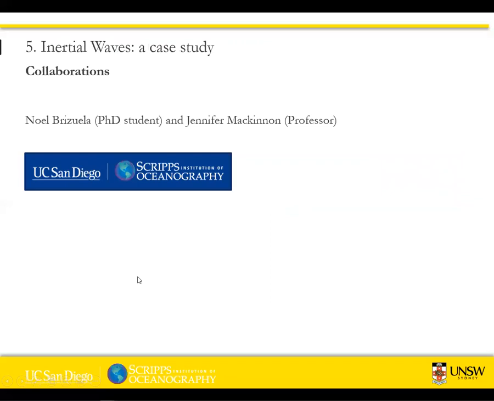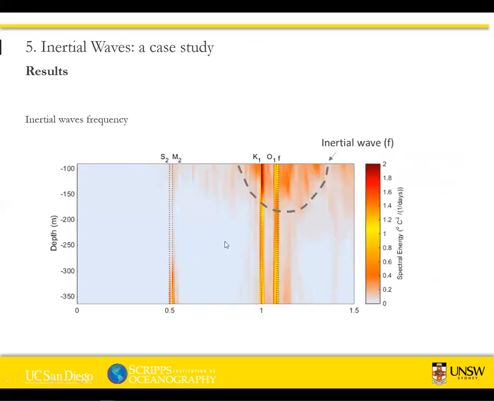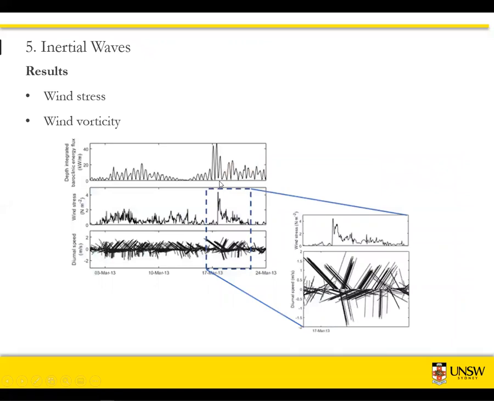And to finish, I did a collaboration with Scripps in San Diego, and we analyzed the inertial wave. So I will show just quickly how we analyzed this mechanism. Basically, we found a moment of strong wind stress, and this wind is rotating, so there is a strong vorticity, and there is a strong internal wave as well.